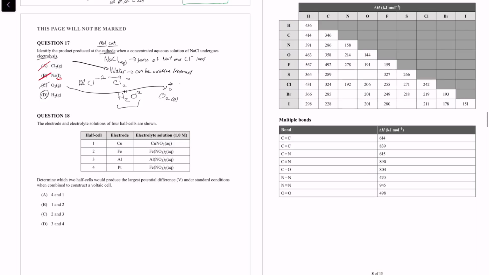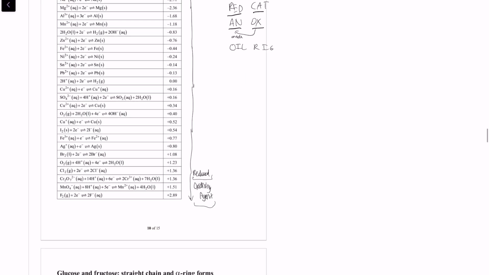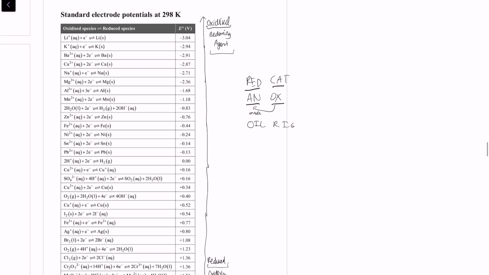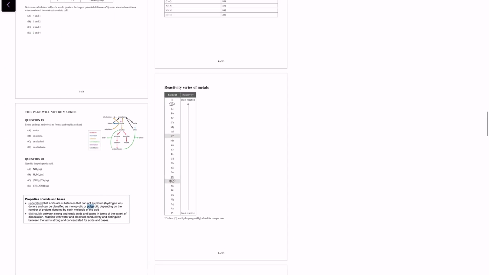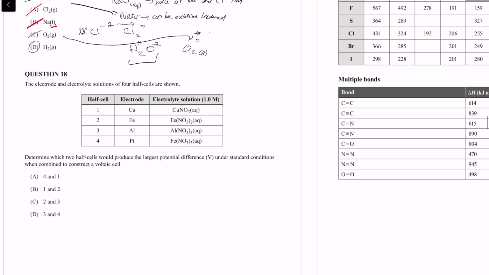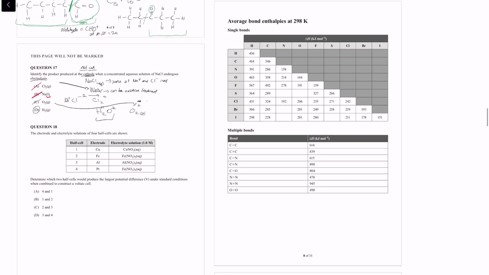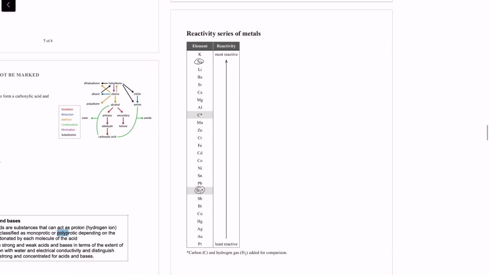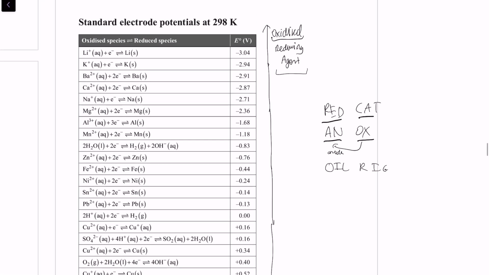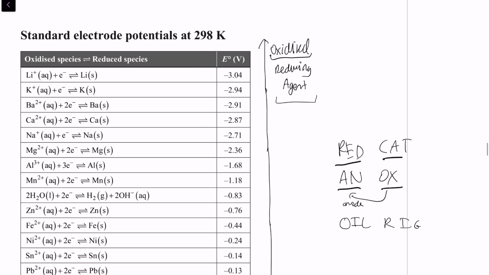This would require the use of our formula sheet on page 10, where we have the standard electrode potentials at 298K, which we assume as the standard conditions. The first step is to figure out what the half reactions are involved, and therefore the E naught value for each of the half cells.